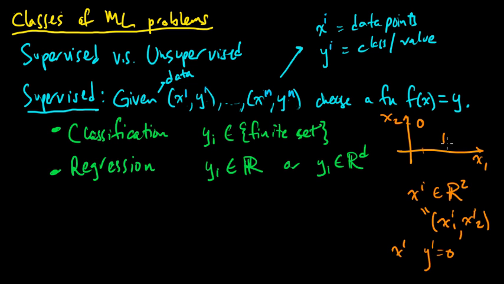Maybe x2 is this point, and y2 is 1. So I get all these zeros, and I get some 1s, all these different points.